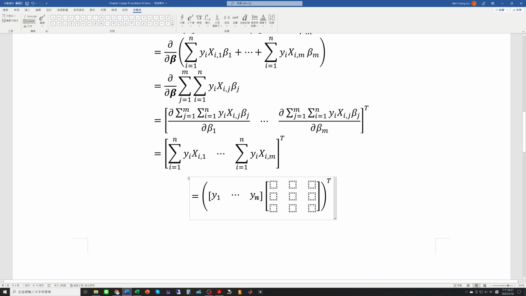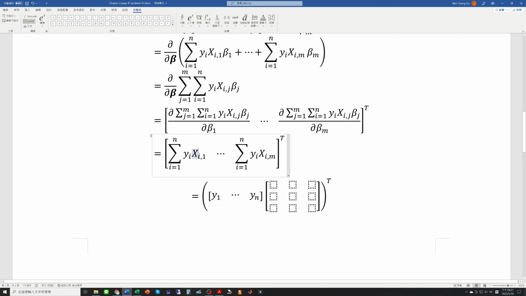Then we can see that y1 to yn, according to the rule of multiplication between a vector and a matrix, we should take this row vector times this column vector, and then we will obtain this element. So the first element here should be x_i1, where i is equal to 1.